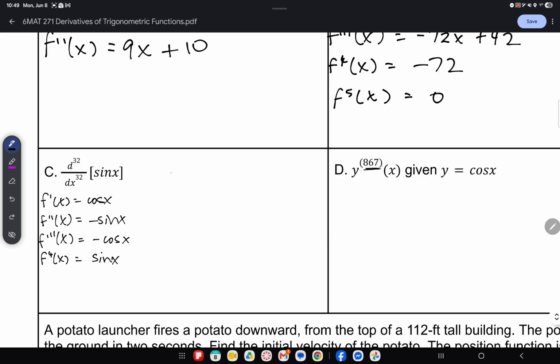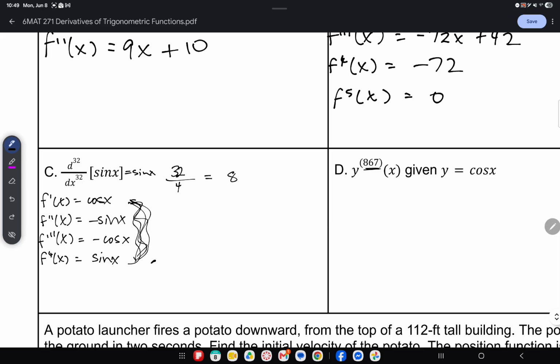So since we have 32 times, we are going to see how many groups of 4 I can get, right? So that's going to give me 8 groups of 4. So I would go through this 8 times. 4, 8, 12, 16, so on and so forth, until I get to 32, and I'll end here. So the 32nd derivative is just going to be itself.